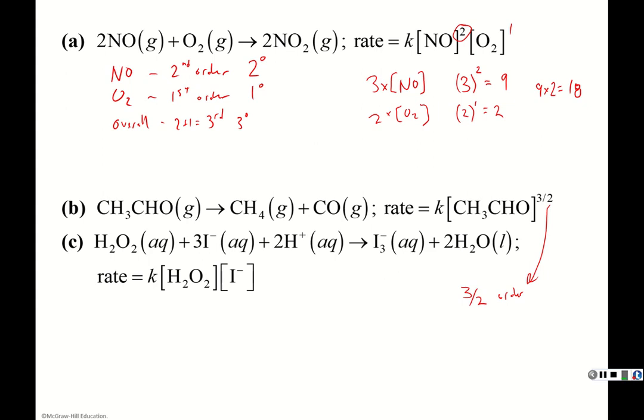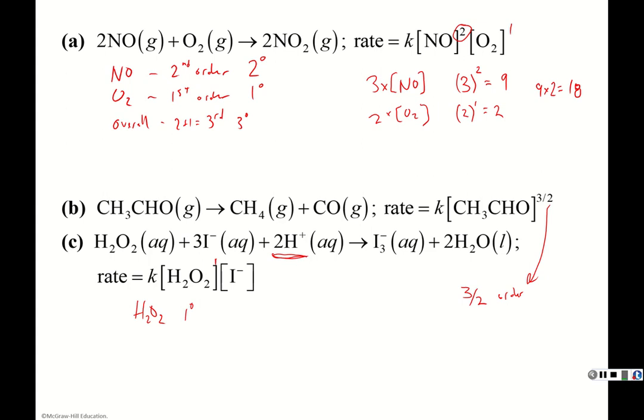Okay, finally, we have the reaction in C, and the rate is equal to k times H2O2 concentration times I minus concentration. But you'll notice that there's also H plus as a reactant. So in terms of H2O2, hydrogen peroxide, this is a first order reaction, right?